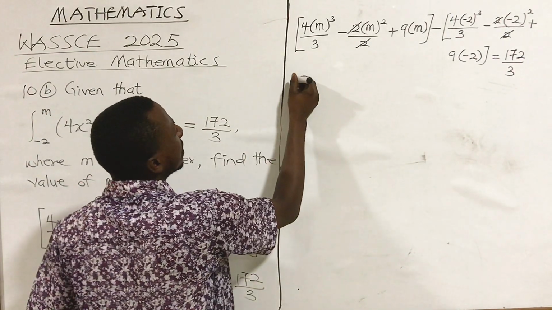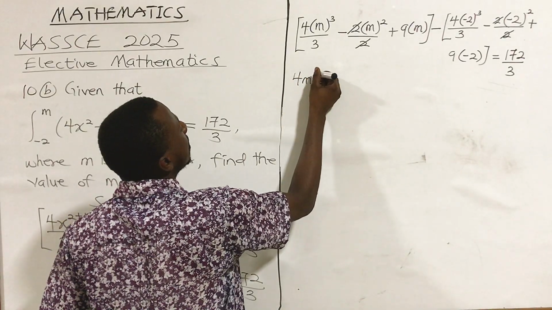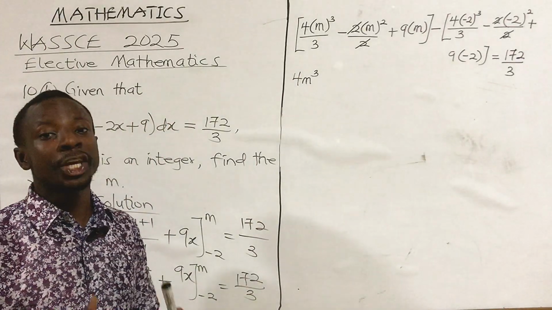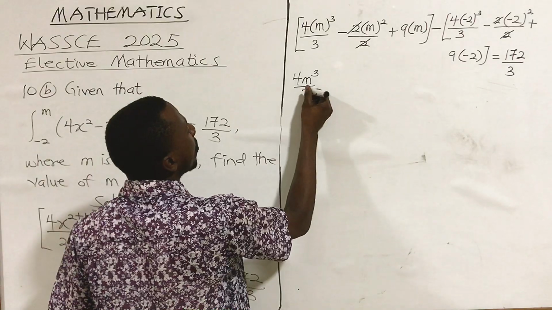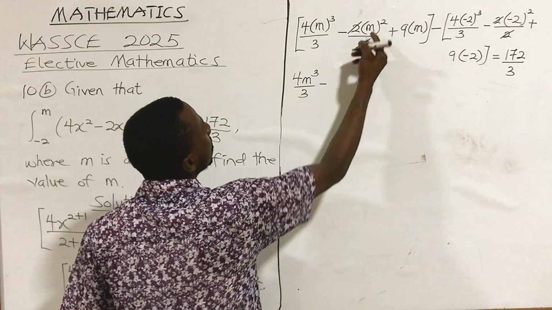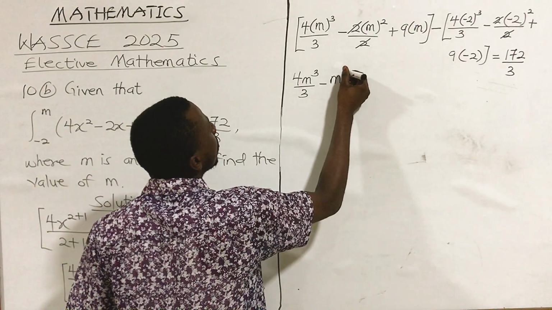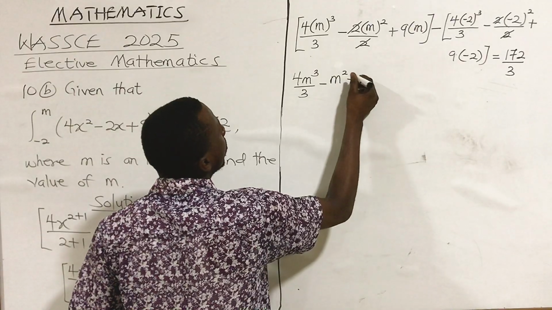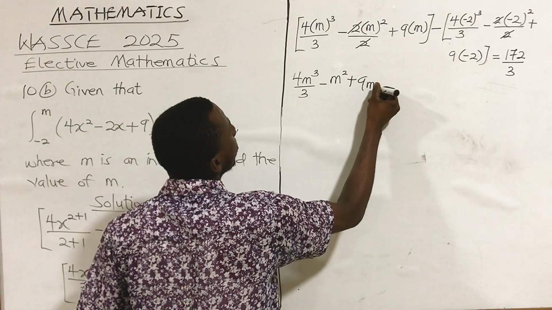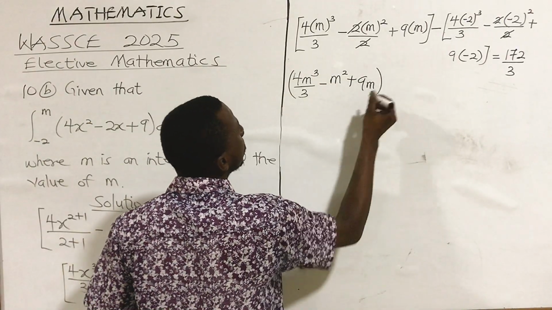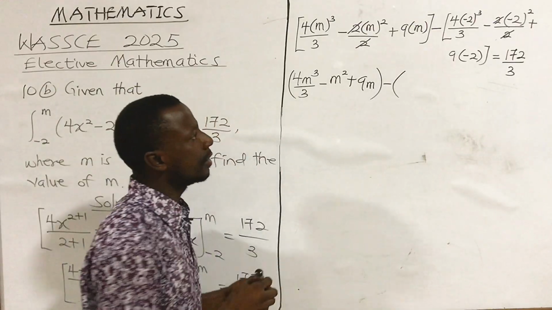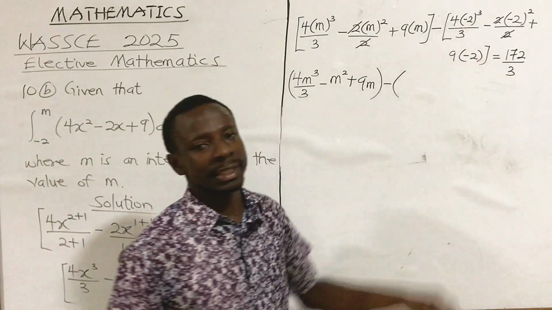So from the first term, we are going to get 4m cubed all over 3, minus m squared, plus 9m, minus bracket open. So let's look at this.